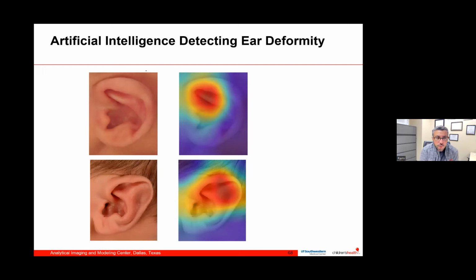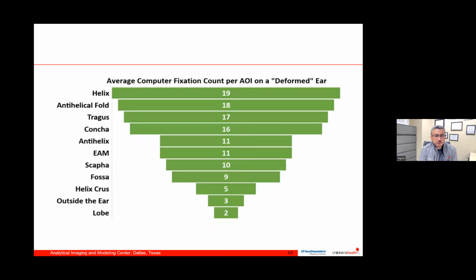So you can see on the top one, it thinks that the fold is not looking right, versus on the lower one, it says that also the helical rim is incorrect. And that's why the machine flagged these 2 ears as abnormal. And when I use these heat maps that the computer generated to see where our ear molding technique is failing, it turned out that most of our failure comes on the helix of the ear.